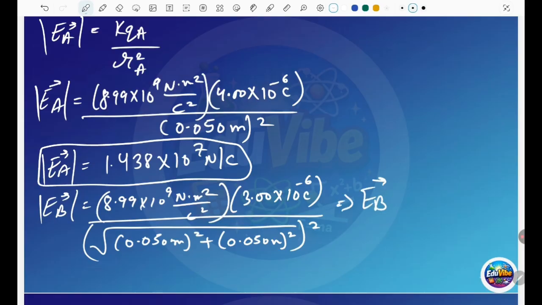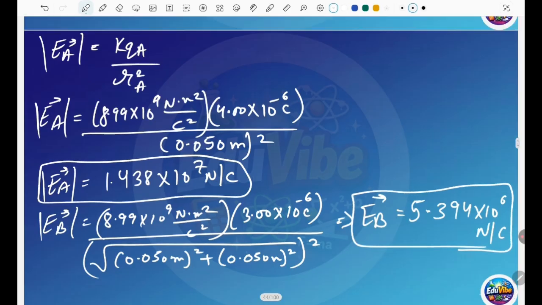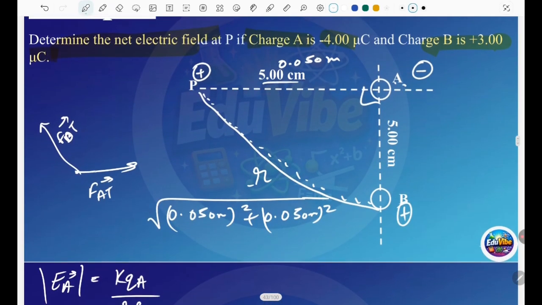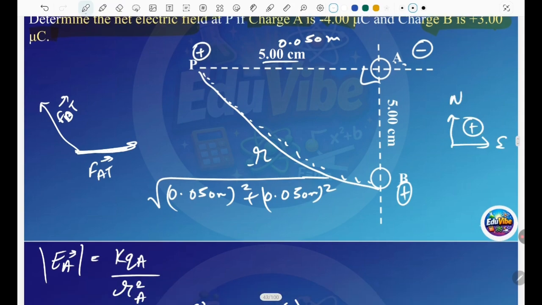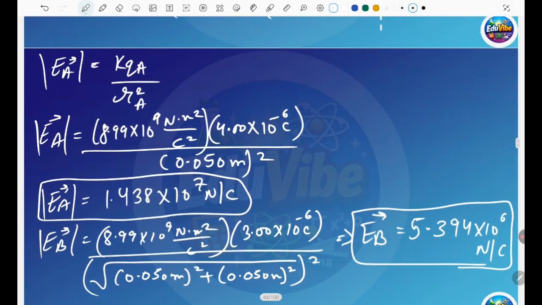When you calculate the denominator and solve it, you get about 5.394 into 10 raised to power 6 Newton per coulomb. In that case, one direction is east and the other is north, and both are positive.